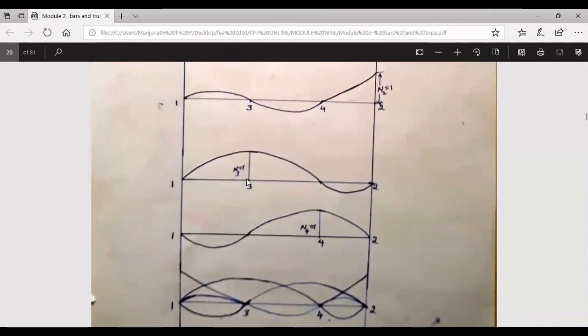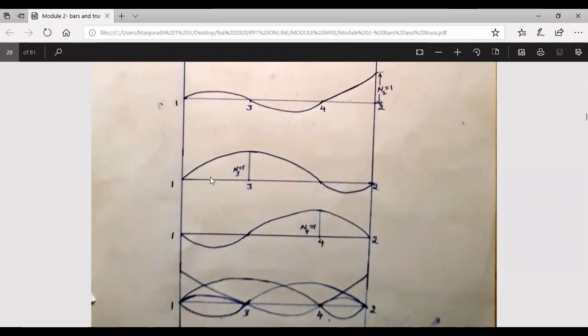Now similarly at node number 3, in the shape function equation for the third node, if you substitute the node value, that is zeta value minus 1 by 3, then you are going to get N3 equal to 1. Then as you substitute the remaining values of zeta, you are going to get the variation like this.